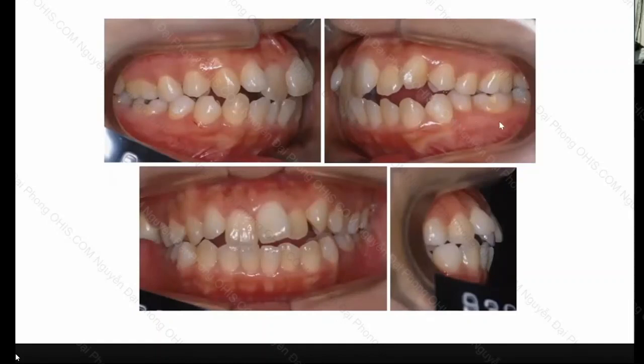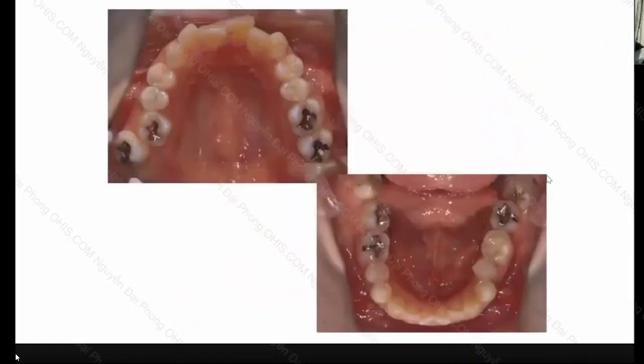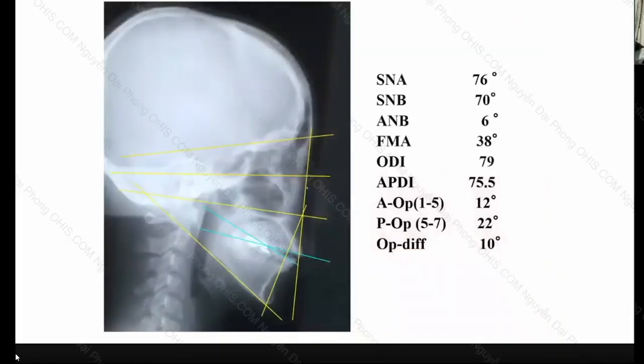All these buccal segments, see, are inclined too much forward, we must upright all these buccal segments, upper and lower.